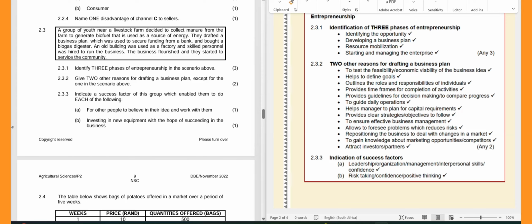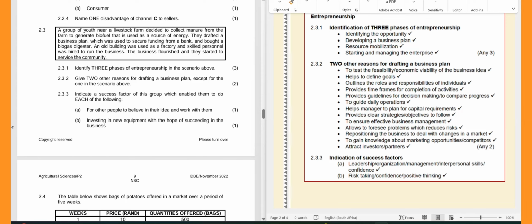That is the interpersonal skills or the leadership skills. As you can see, this person is able to convince other people that their idea will work. Okay, so they're able to convince other people that the idea that they have will work.